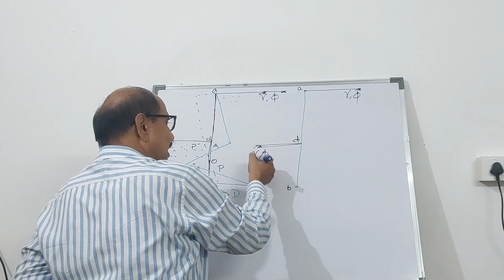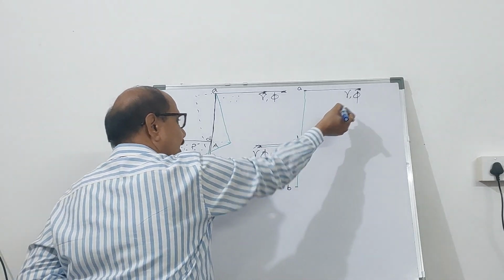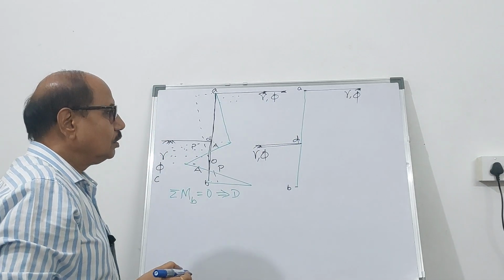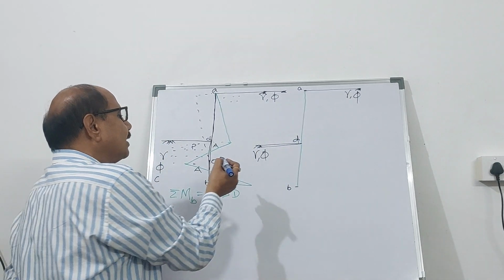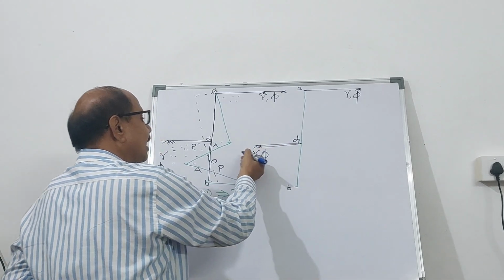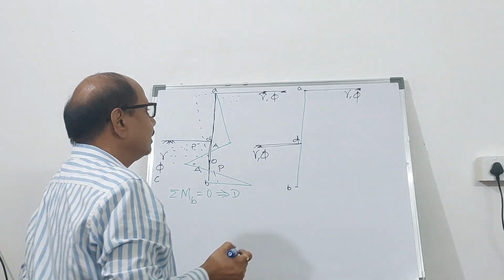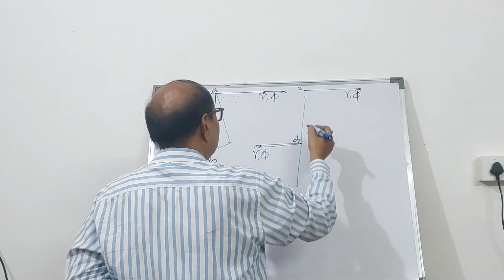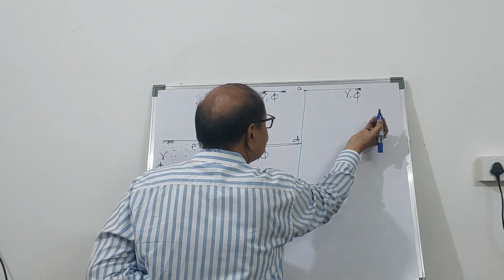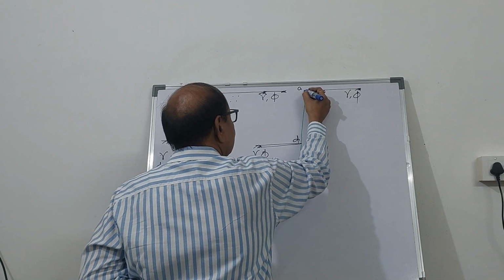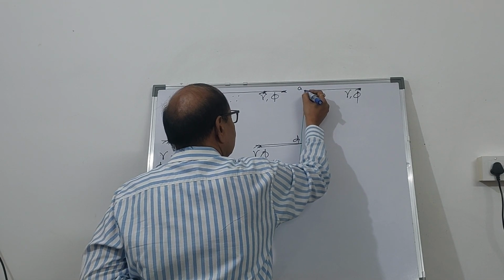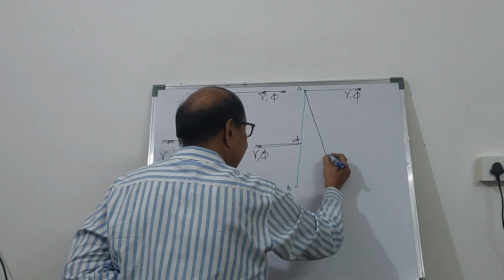This could be gamma 1, gamma 2, and phi 1, phi 2, but here we have taken it as gamma and phi. Both are granular in nature. So in this sheet pile, what we do is that on the right hand side, the pressure is going to be active.